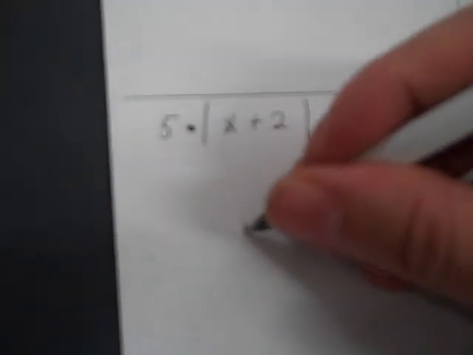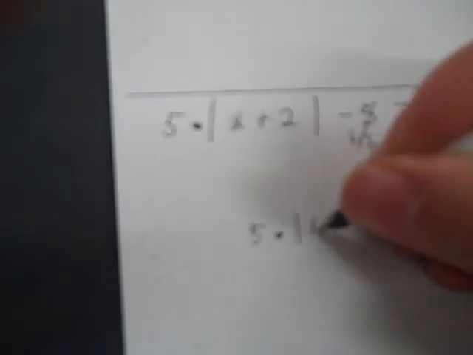So what I need to do is first deal with my subtraction of 3. Now don't be lazy. You've got to show your work. Plus 3, that gives 15. And over here you have 5 times the absolute value of x plus 2. Now I need to undo the multiplication by 5. So I divide by 5 and divide that by 5, and that's 3.